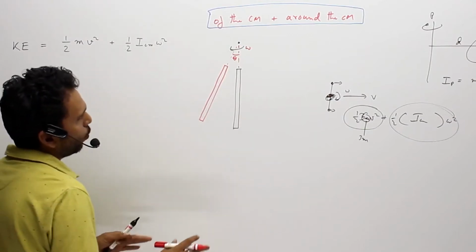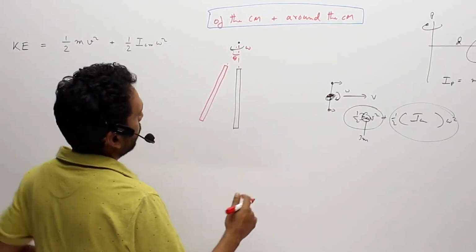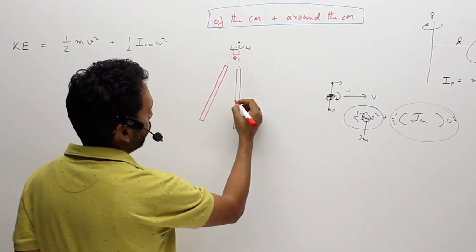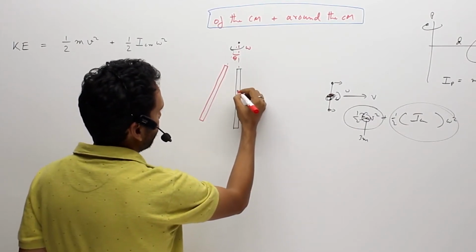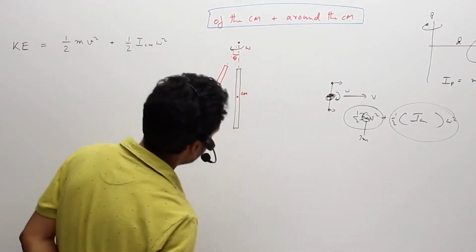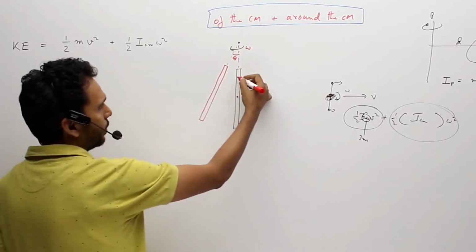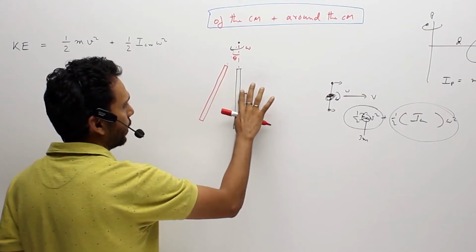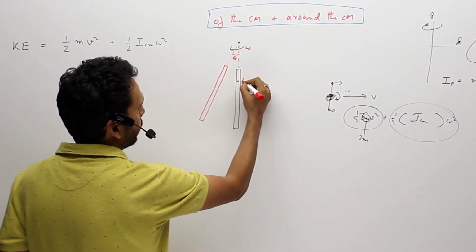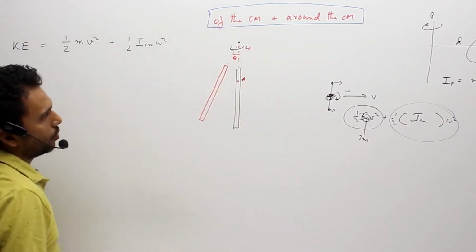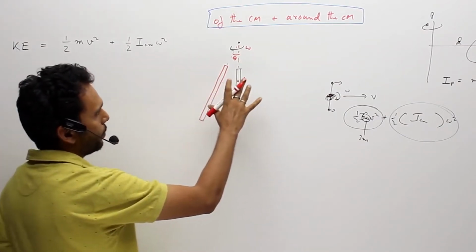Now if I say what is the omega as if you were sitting on the body at any given point, so let me take it as the center of mass itself. You can take it anywhere, you can take it here, you can take it there. In fact, let me take it at any random point, say here. This point is A. Now, with respect to A, what has happened to the body?